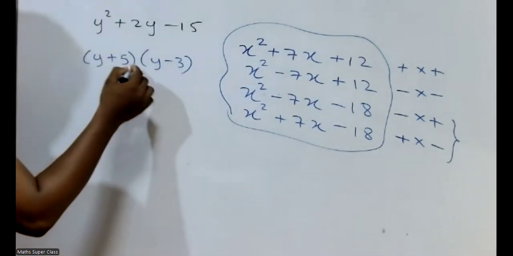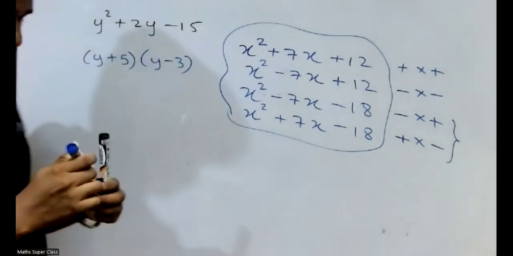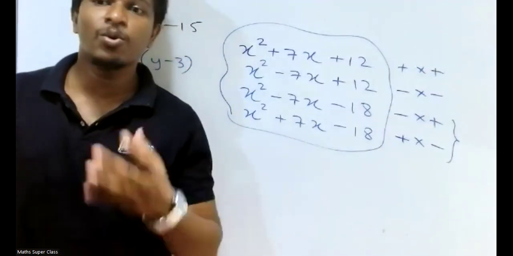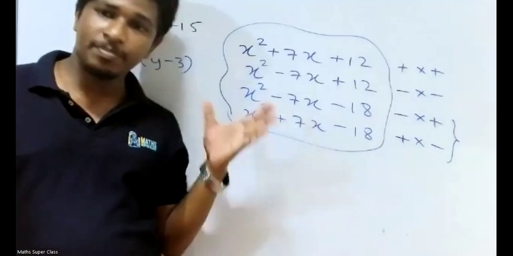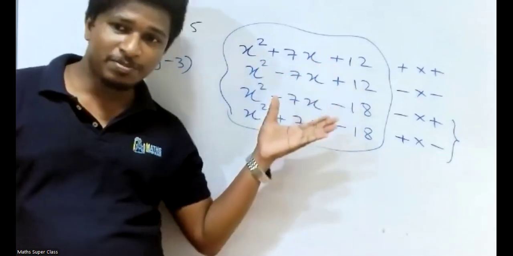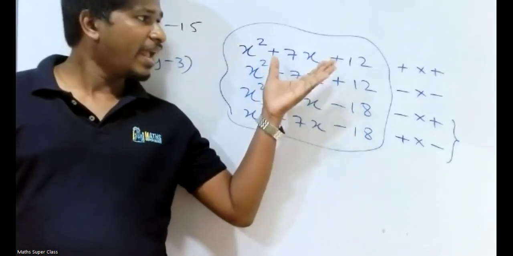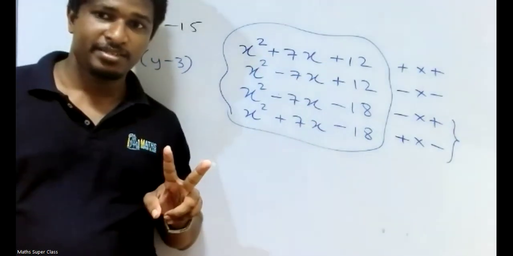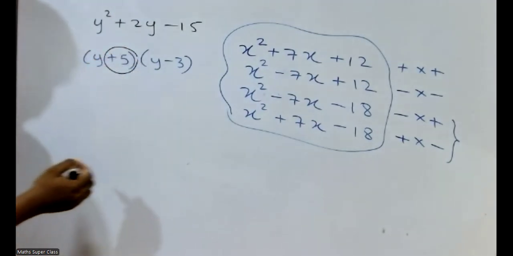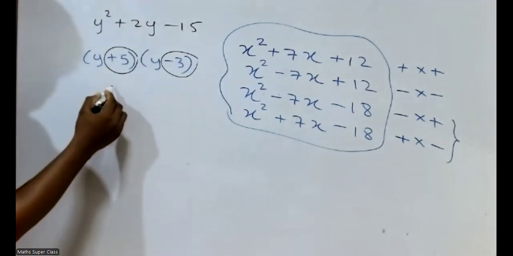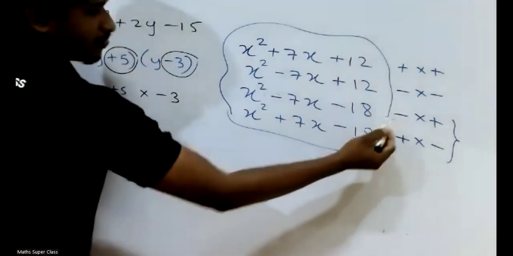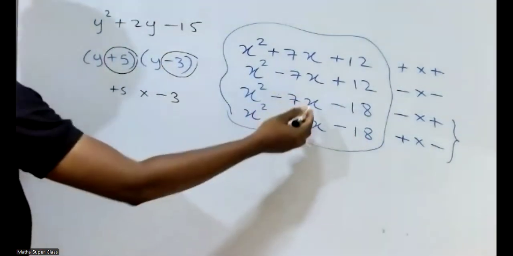To get this answer, you have to find the factors. All these expressions are created with two factors. Plus 5 is a factor, minus 3 is a factor. So this question is like this. This is the same thing.